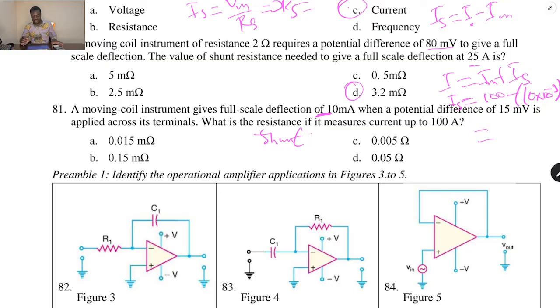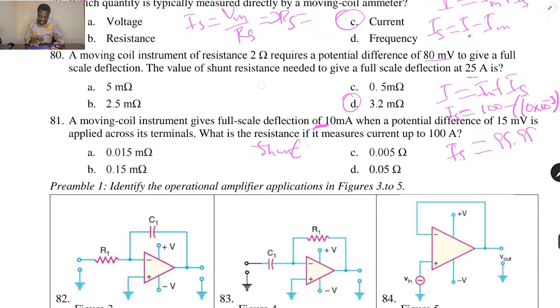That will give us 89.99. Now that I've gotten the shunt current, I can get the shunt resistance using the same formula: RS equals VM over IS.